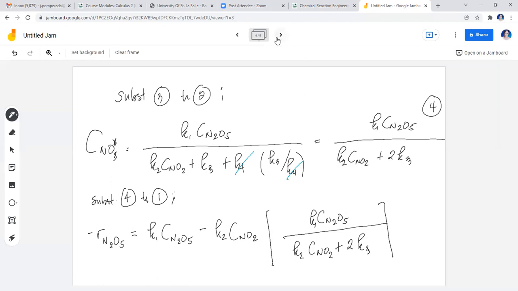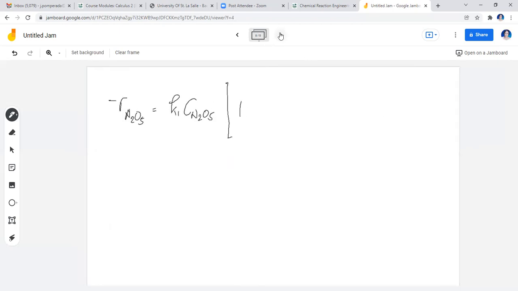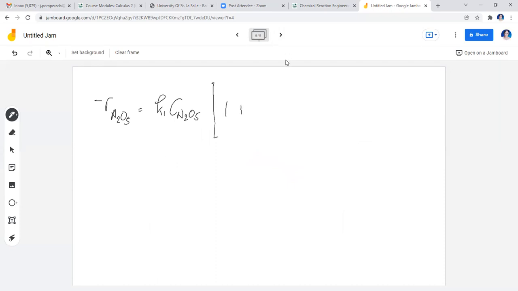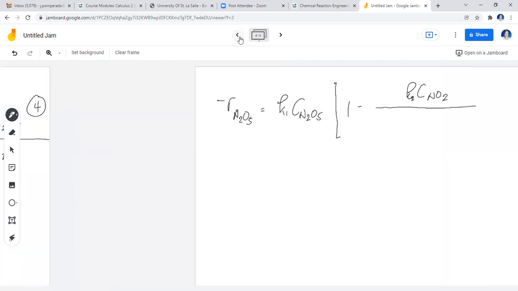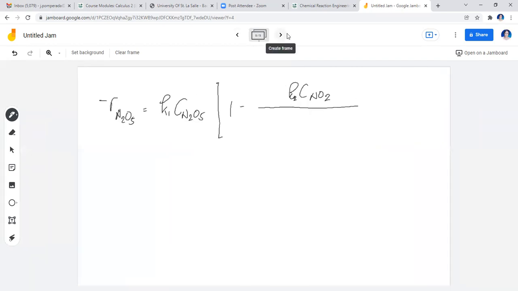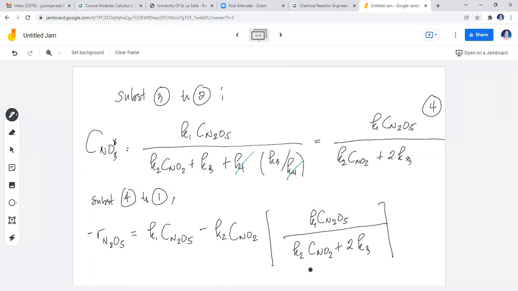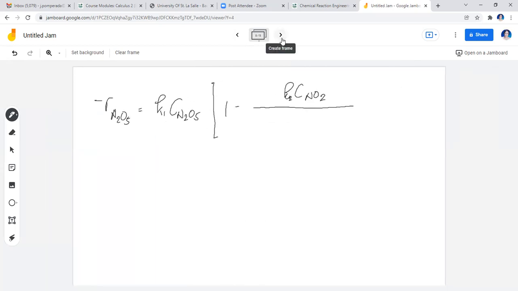And in here, in the second one, we have K2 C NO2, so minus, okay, that's our numerator, C NO2, and then our denominator will be K2 C NO2 plus 2 K3.